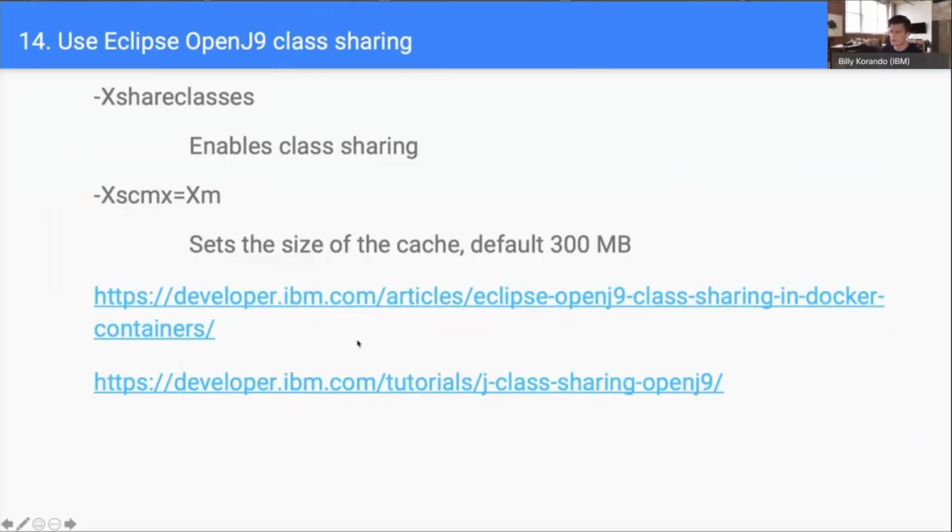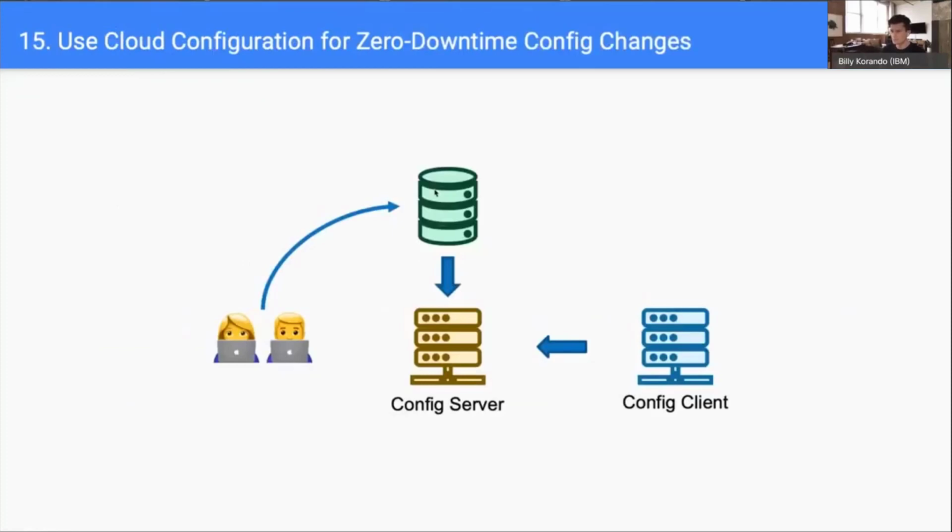I wrote an article a while back on how to do class sharing in a Dockerized environment, because we're talking about doing a lot of this in a containerized world. There are ways, when you first build the image, to pre-populate the cache. Then when it starts up in production, or on your actual Kubernetes cluster, the class cache is already pre-populated, and again that saves you startup time.